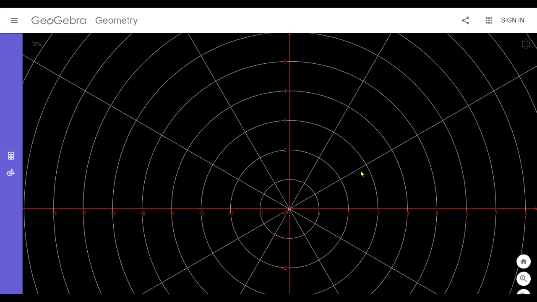One is the radius, the magnitude of the radial vector. The next one is the angle made by the radius with the positive x-axis in the counterclockwise direction. These two are the parameters in the polar coordinate system.